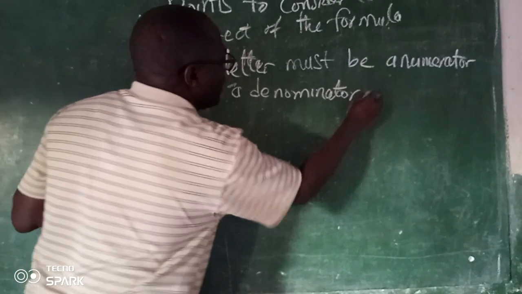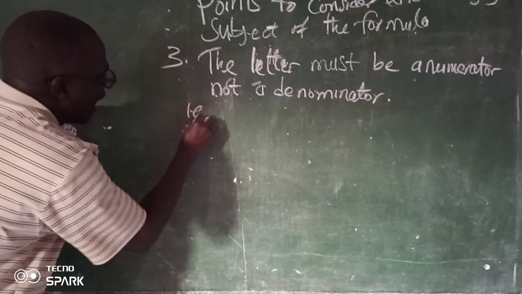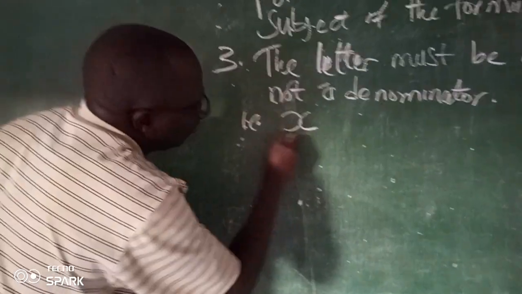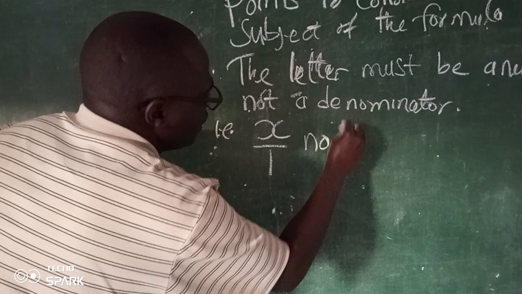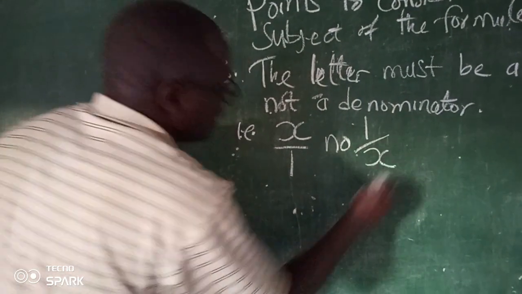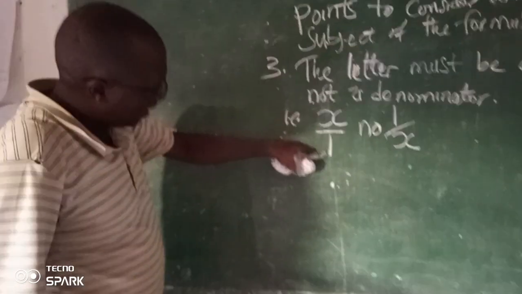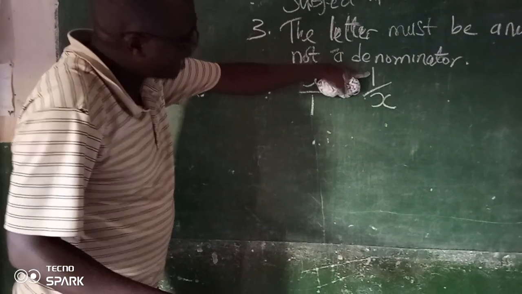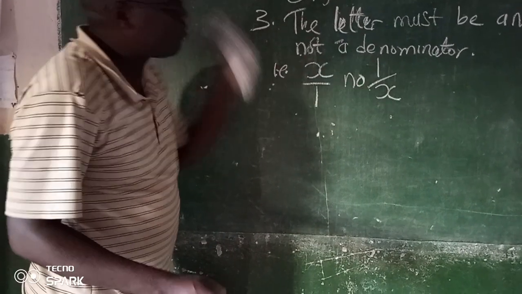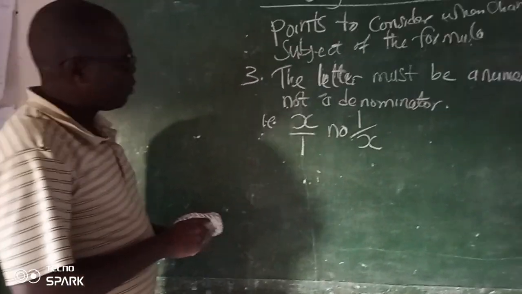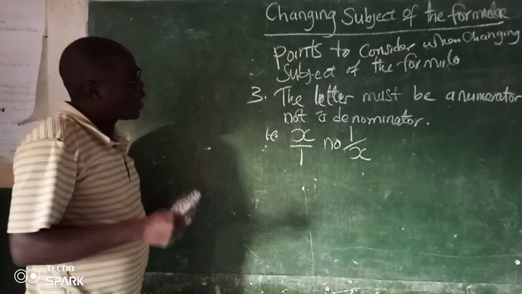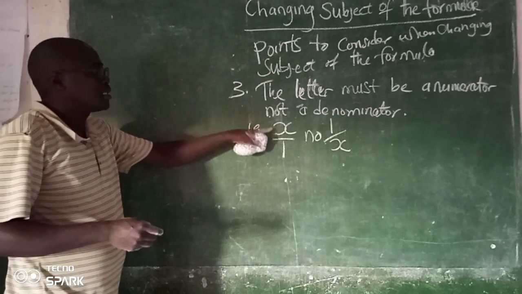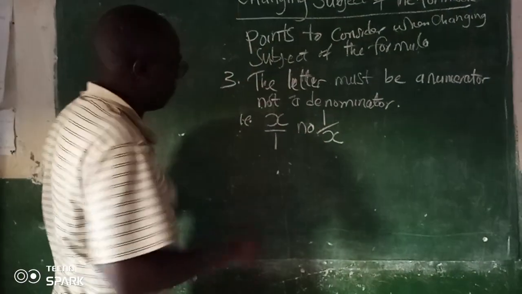For example, it must be x over 1, not 1 over x. Because if you divide 1 into x, you have x, but 1 over x remains 1 over x. Therefore, you need to make sure that the letter to be made subject of the formula is in numerator form.